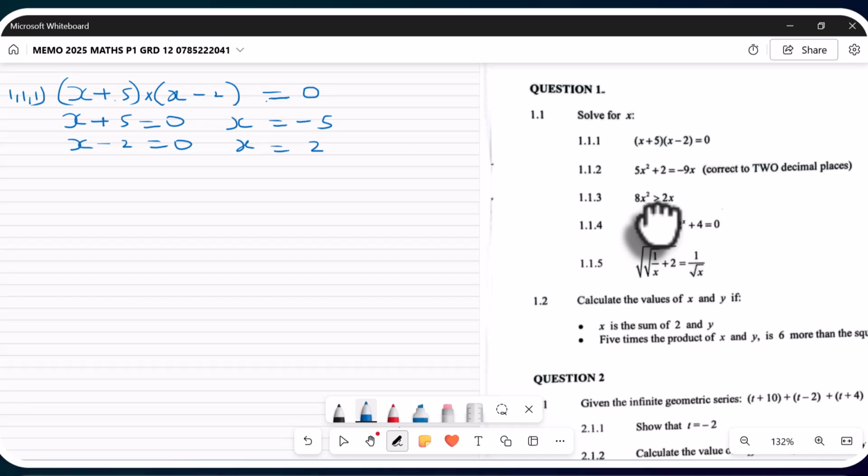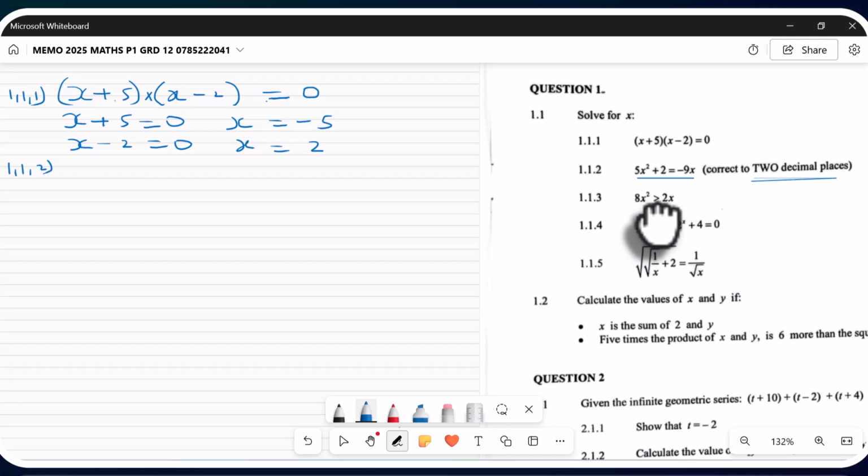Then 1.1.2 says 5x squared plus 2 equals negative 9x, and they say give your answer to 2 decimal places. The moment you see 2 decimal places, it means you cannot factorize, so you are going to use the quadratic formula.